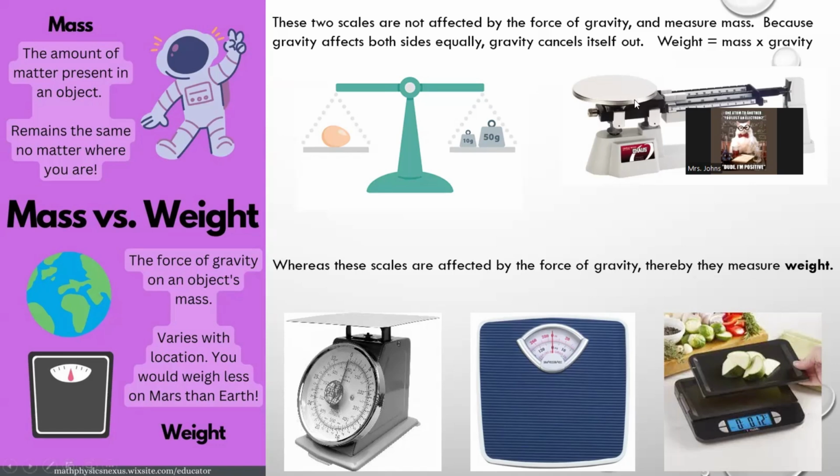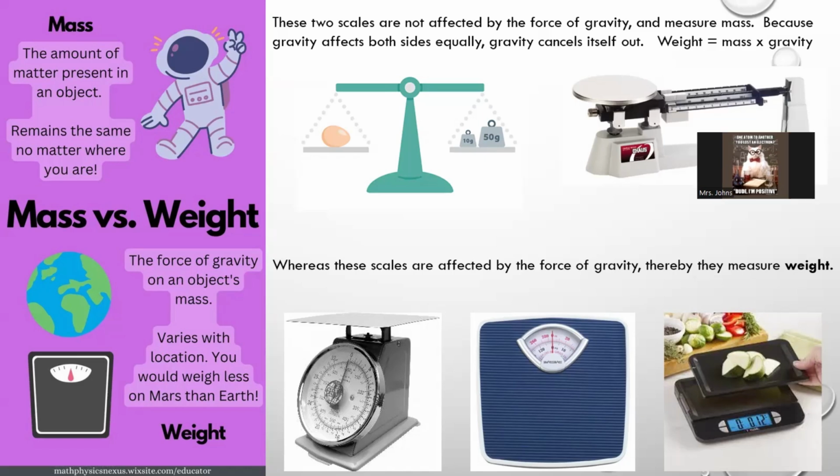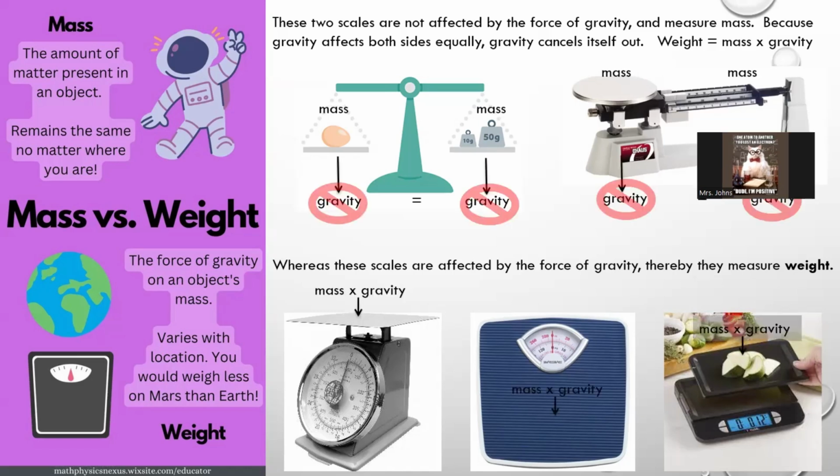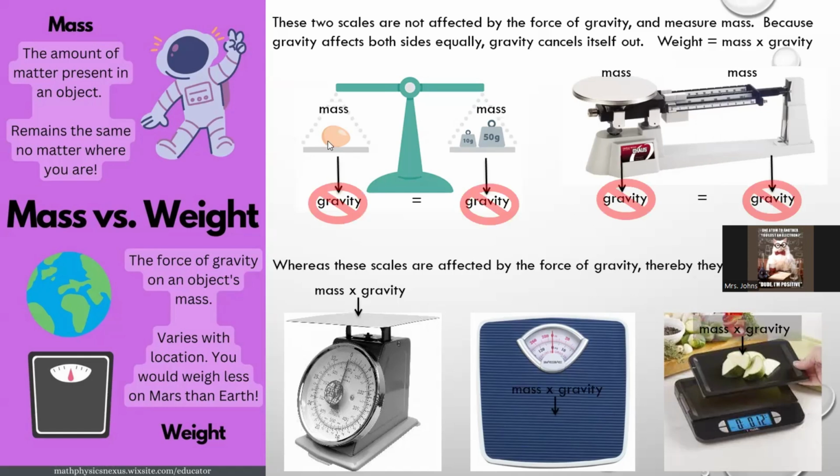On the top, I've got two pictures of two scales that can measure mass because they can cancel out the effect of gravity. Since it's got an arm on either side, here's an egg on this side, and it's got the weights on the other side, and gravity is pulling on both sides equally, so we can cancel out gravity and it only leaves the mass.